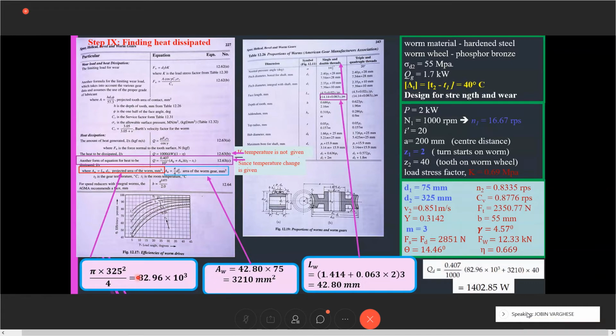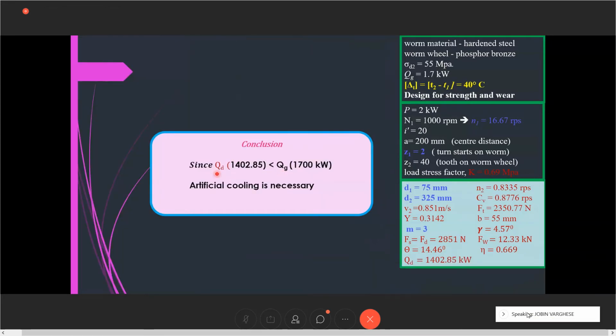Now calculating all the values, that is Ag, AW, LW, and substituting, we get the heat dissipated equal to 1402.85. The conclusion is that the heat dissipated, 1402.85, is less than the heat generated, which is already given as 1.7 kilowatts, sorry, 1700 watts.